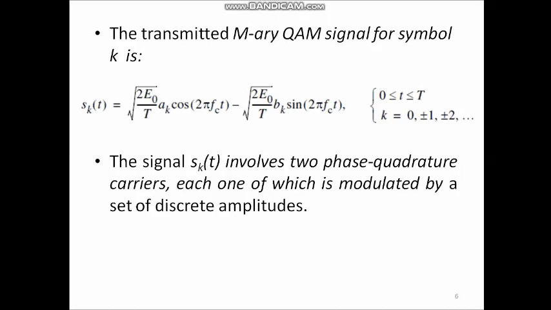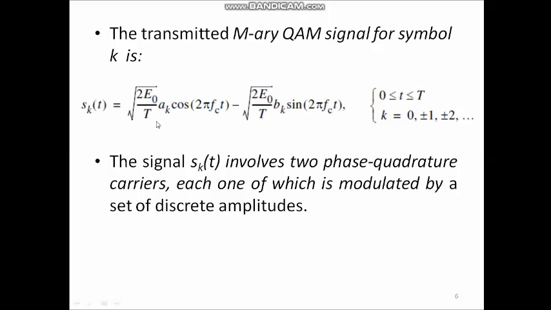As you can see in the equation, the signal sk of t involves two phase quadrature carriers, because the cos function and sin function differ in phase by 90 degrees. Each one of them is modulated by a set of discrete amplitudes.